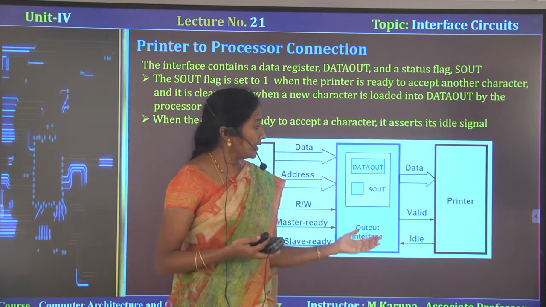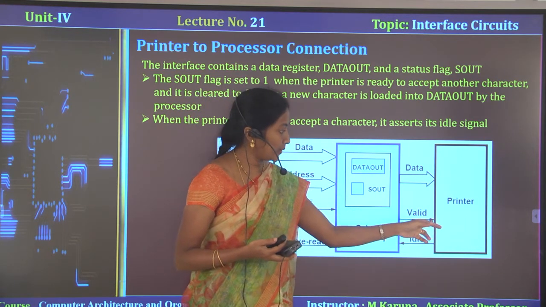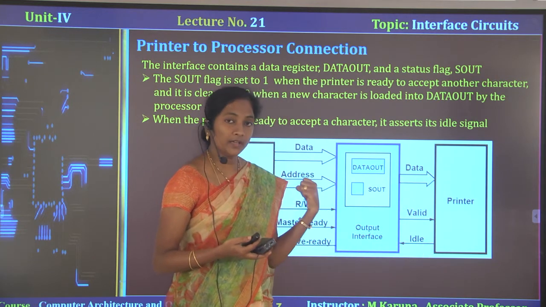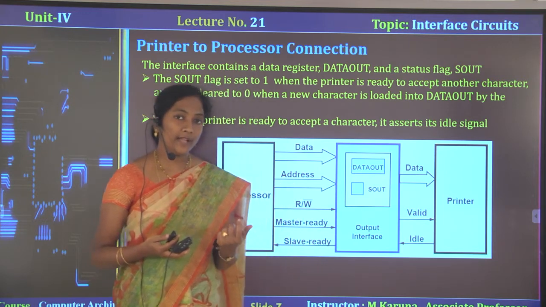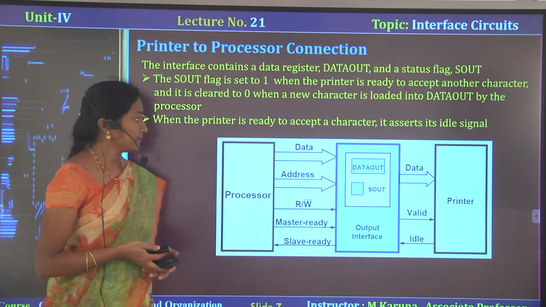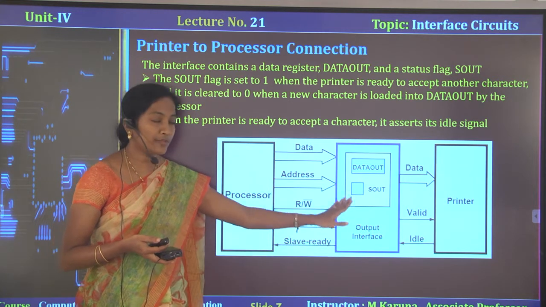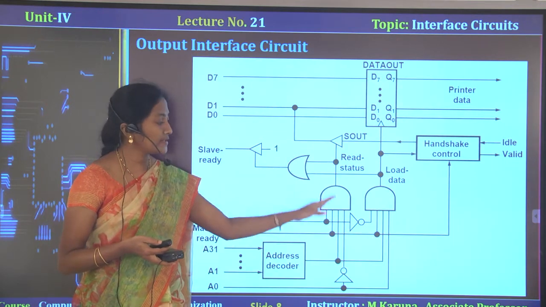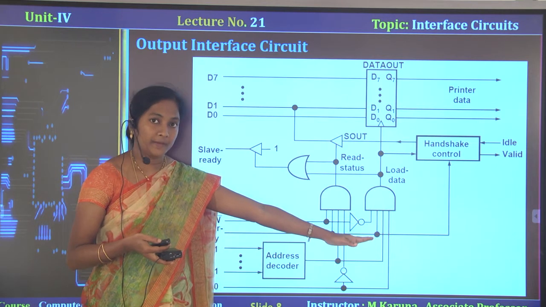Whenever the data is available, the valid signal will be set to 1, then the printer issues the idle signal to the processor. That indicates the printer is ready to display another character. Likewise, the write operation is performed with the help of this output interface circuit. This is the detailed interface circuit that exists between the processor and printer.